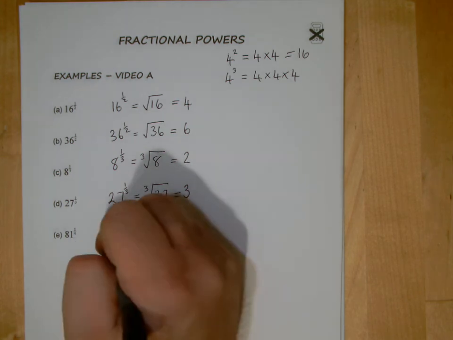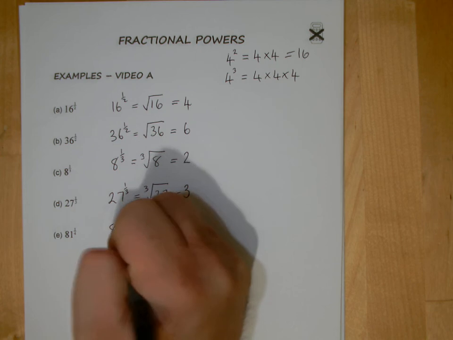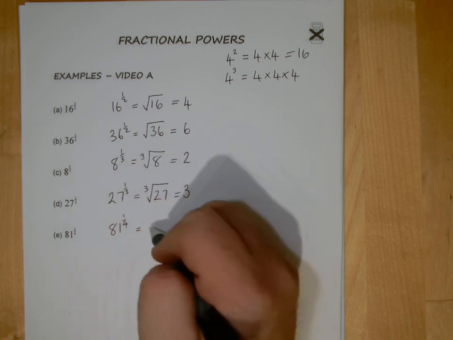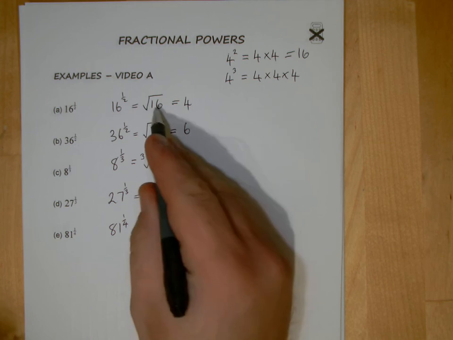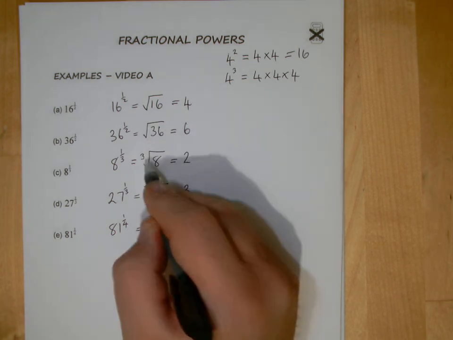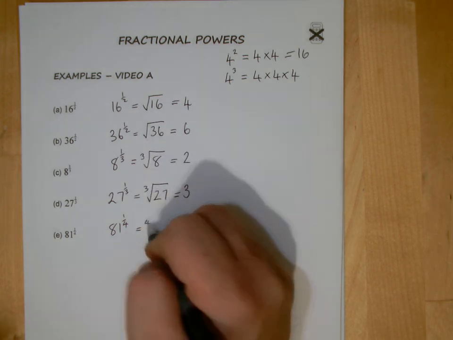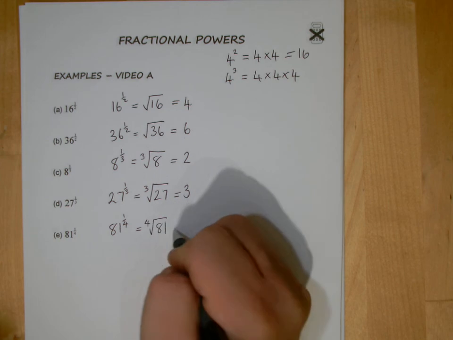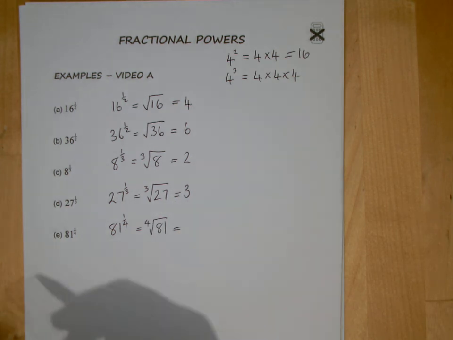Finally then, 81. Now this time we've got power quarter. The power quarter just means the fourth root. That's the square root, that's the cube root, and now we've got the fourth root of 81. All you've got to do here is think about a number that times by itself, and by itself again, so 4 of them, and you get 81.